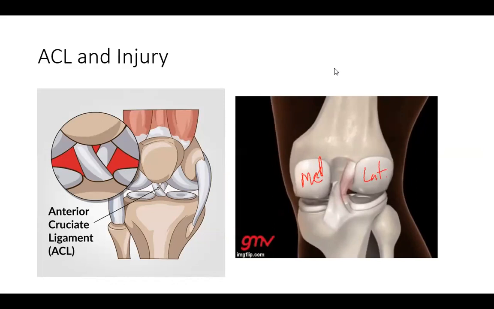Notice that this is the PCL here because it's attached to the back of the tibia. And it inserts itself here on the lateral side of the medial condyle. The ACL, which is this one, inserts itself on the medial side of the lateral condyle. They cross over.